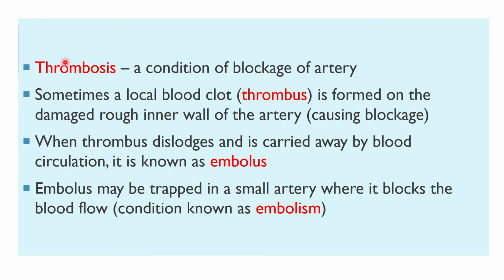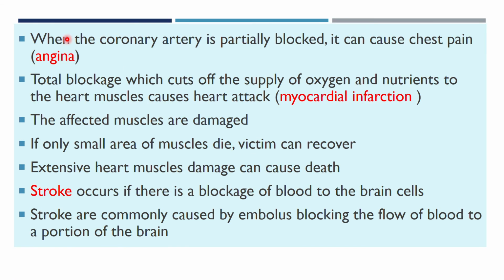For example, if it is blocking the coronary artery, then it will cause chest pain. But if there is total blockage, the coronary artery is the artery that supplies the heart with blood, with oxygen, with nutrients. So imagine if there is total blockage, what will happen?